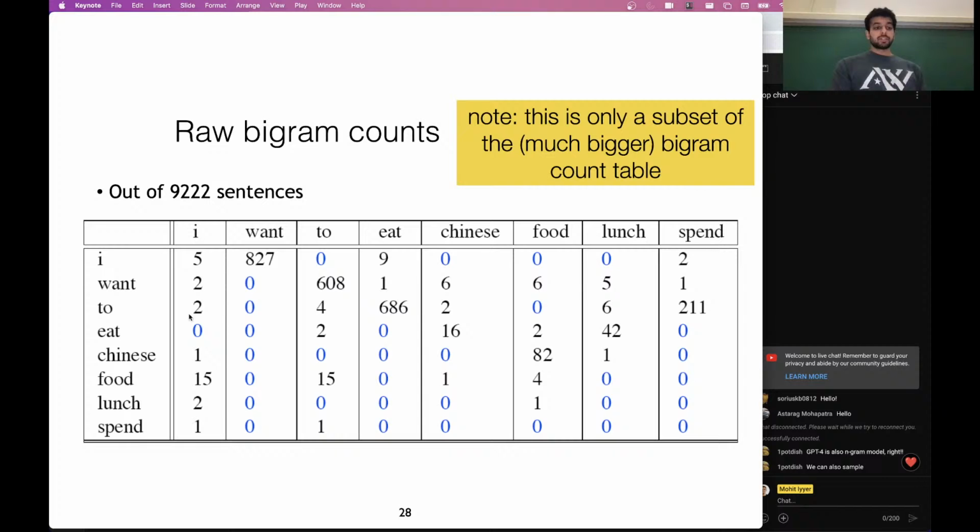The table is formed by the prefix word and the word that follows. You can interpret this as how often the phrase I want appeared in the corpus. The previous word is I, the next word is want. This appeared 827 times. The phrase Chinese eat appeared 0 times.